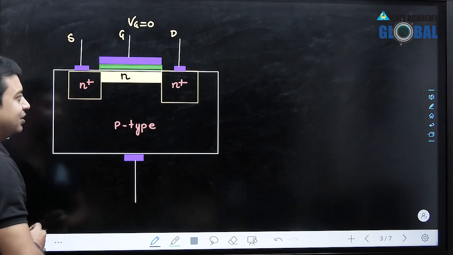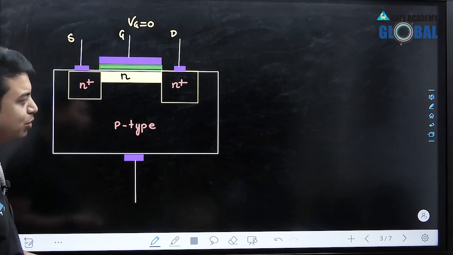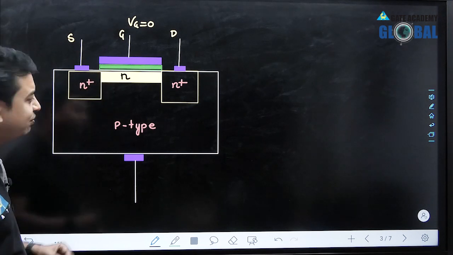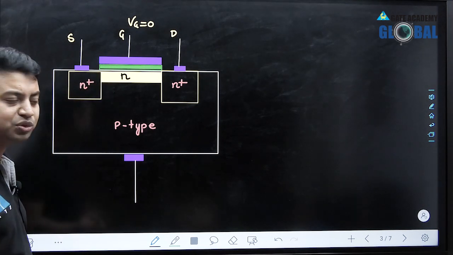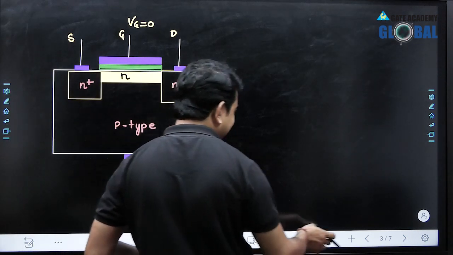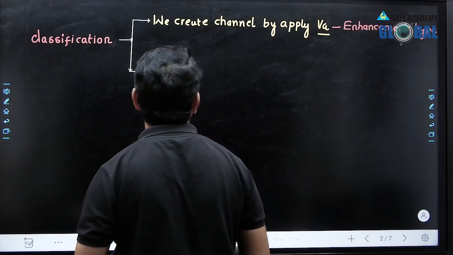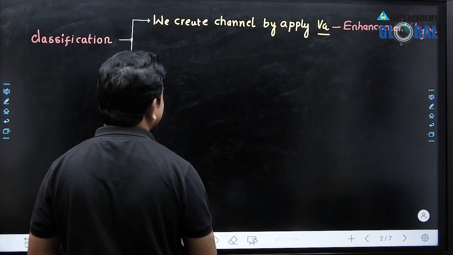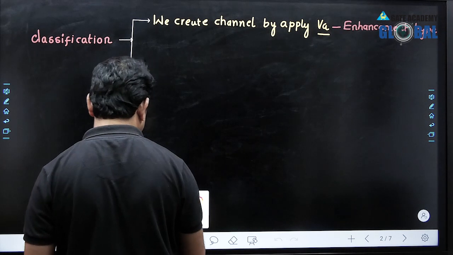Then we can say that this particular type of MOSFET, in which, without applying gate voltage, a physical channel is initially available between source and drain, is called depletion type MOSFET. The reason why it is called depletion type MOSFET, we are going to see just after this particular line.